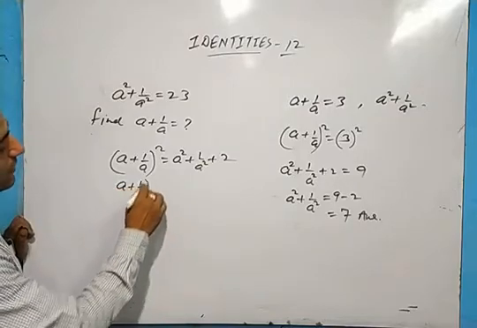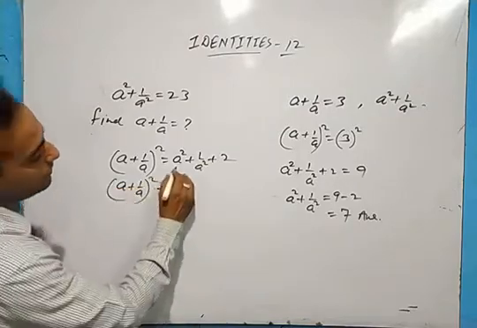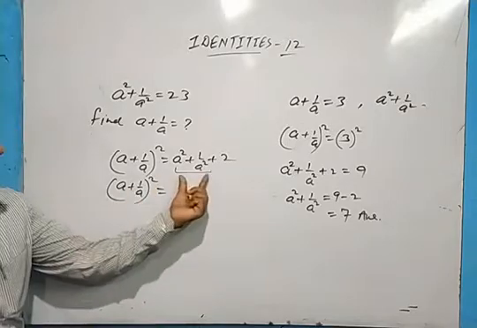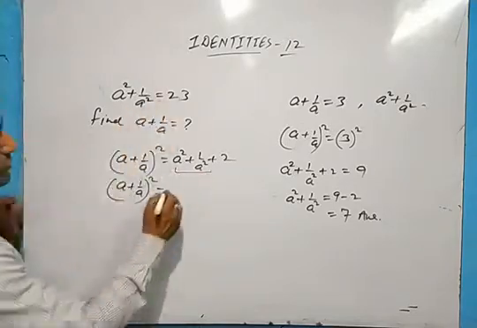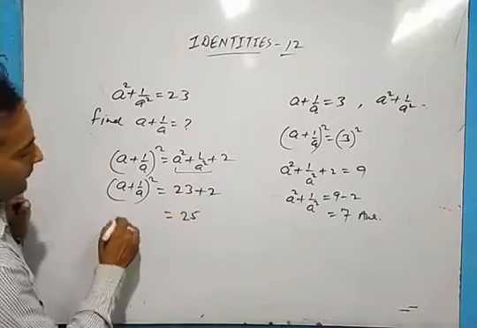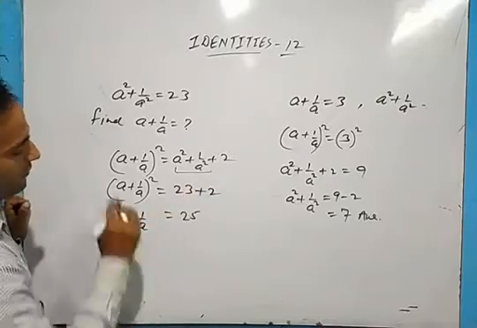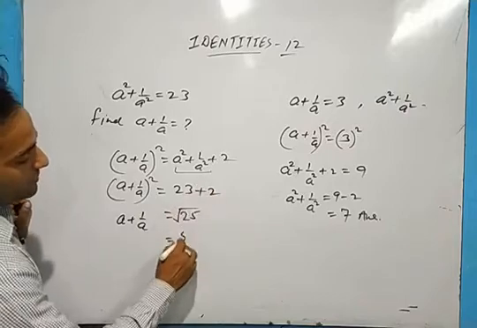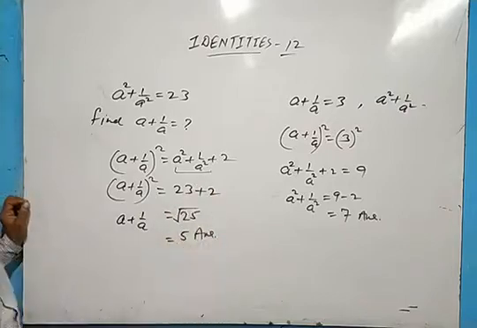So (a + 1/a) whole square is equal to a square plus 1/a square, we have 23. So please write 23 plus 2, that is 25. We want a + 1/a, so under root 25, that is 5 will be the answer.